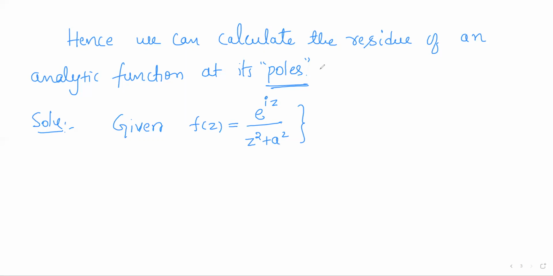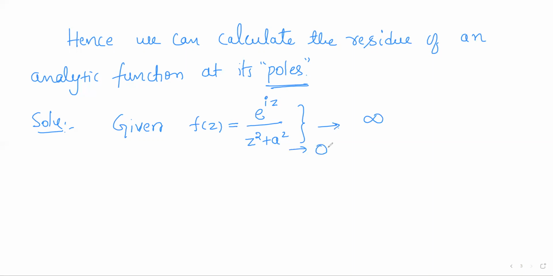It has no poles, because for any finite complex number z, e to the power iz is never infinite. It is finite. Now this quotient will be infinite whenever the denominator becomes 0.